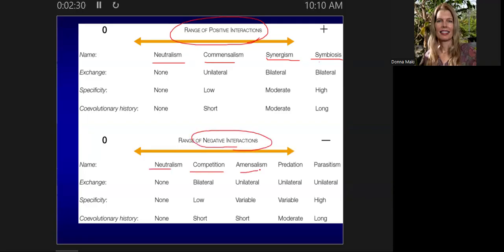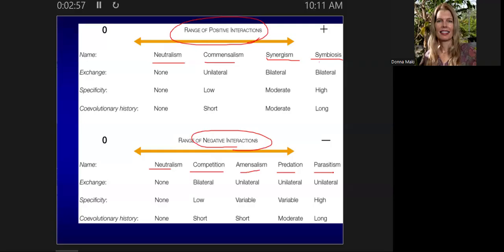Now, one thing I do have to say is that there's a lot of gray area with some of this. Sometimes you might see commensalism, for example. What that means is one organism is benefited, the other one is neither benefited nor harmed.